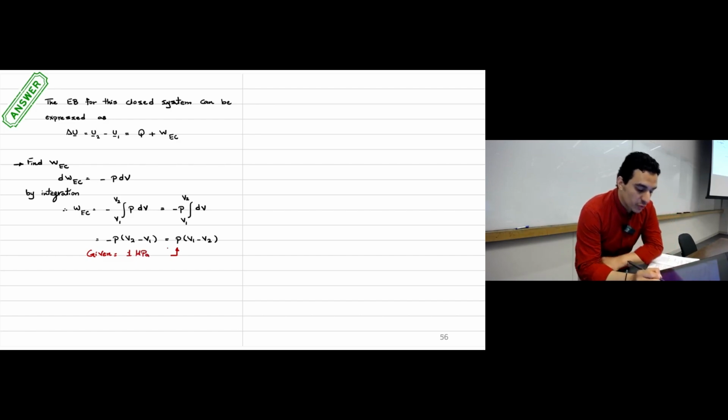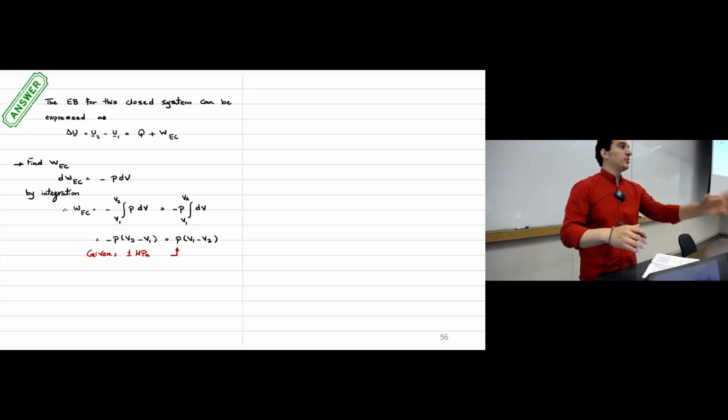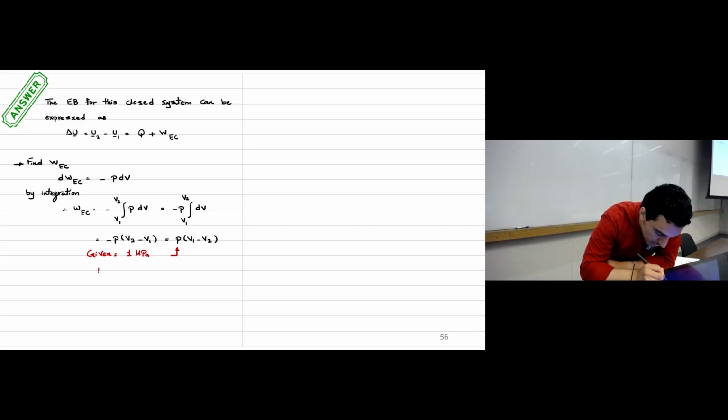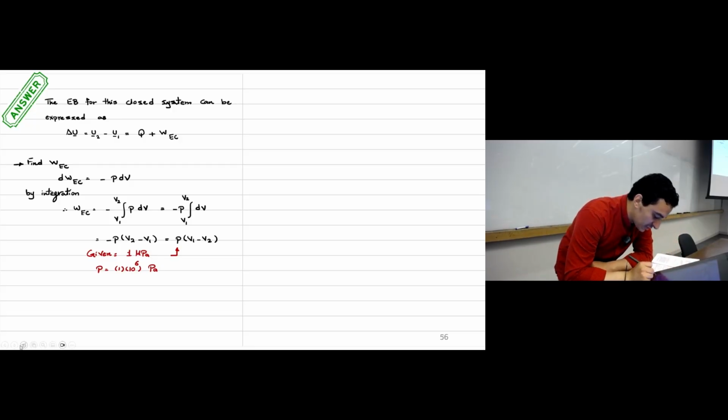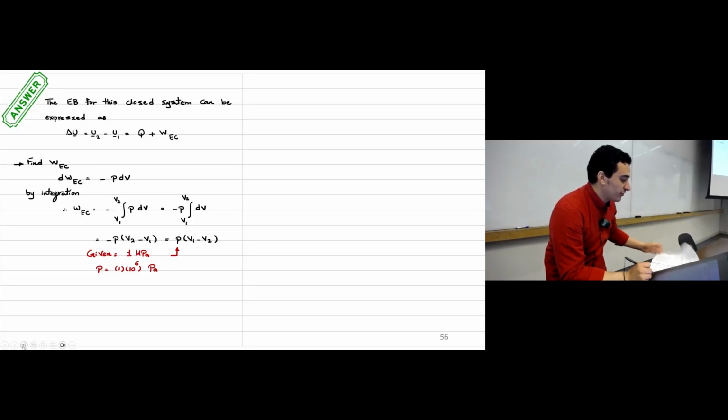If you need to convert it to the SI system, we need to convert megapascal to pascal. So the pressure will be 1 times 10 to the power 6 pascal, because pascal is the pressure unit in the SI system. But we have no idea what is the value of V1, what is the value of V2.